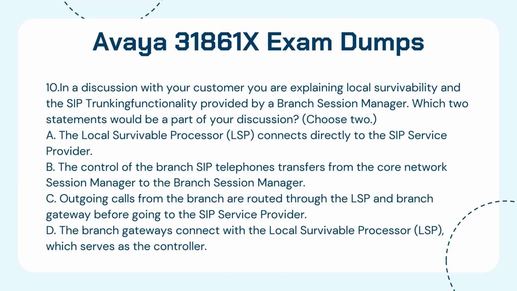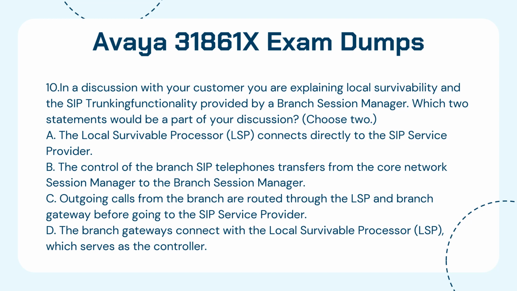10. In a discussion with your customer you are explaining local survivability and the SIP trunking functionality provided by a branch session manager. Which two statements would be a part of your discussion? Choose 2. A. The local survivable processor, LSP, connects directly to the SIP service provider.